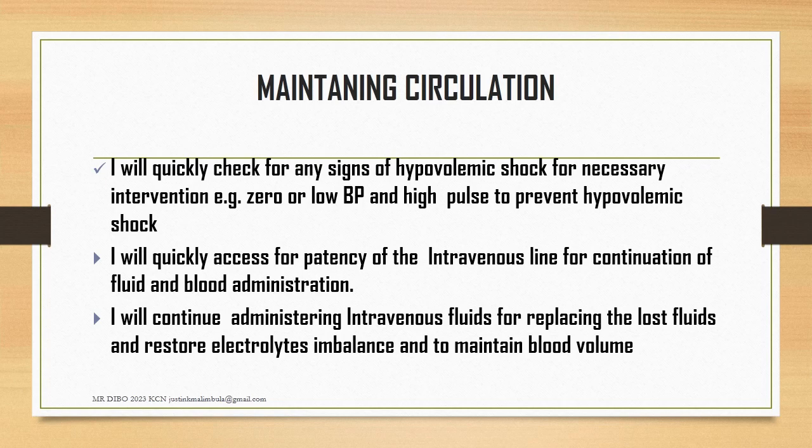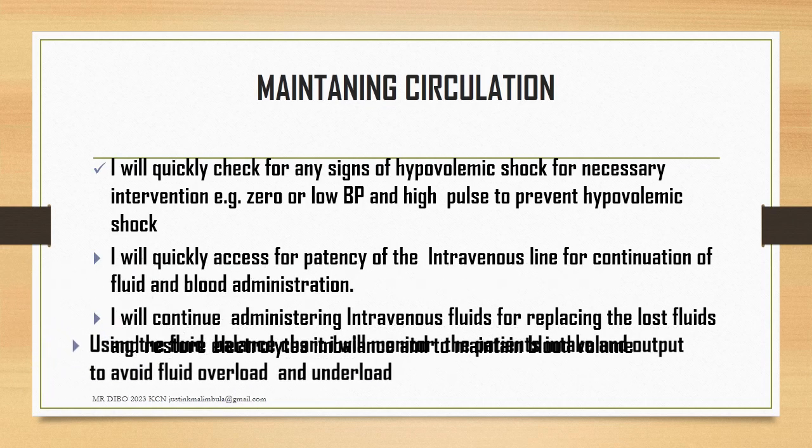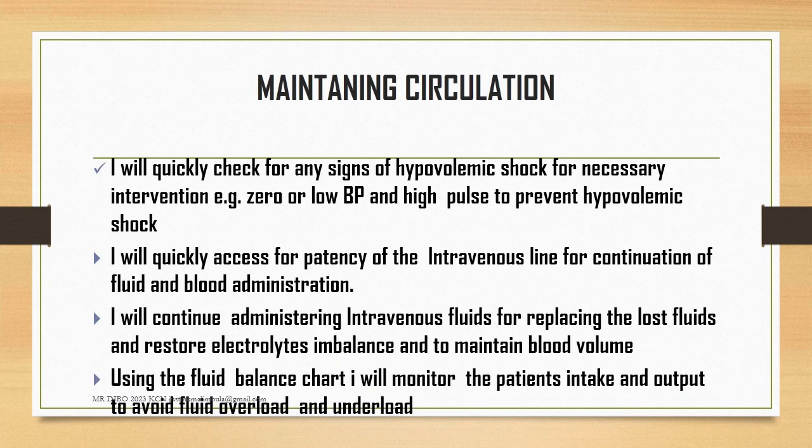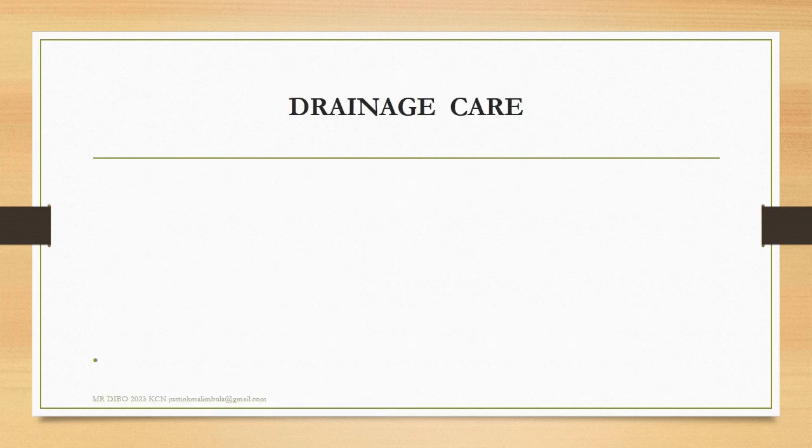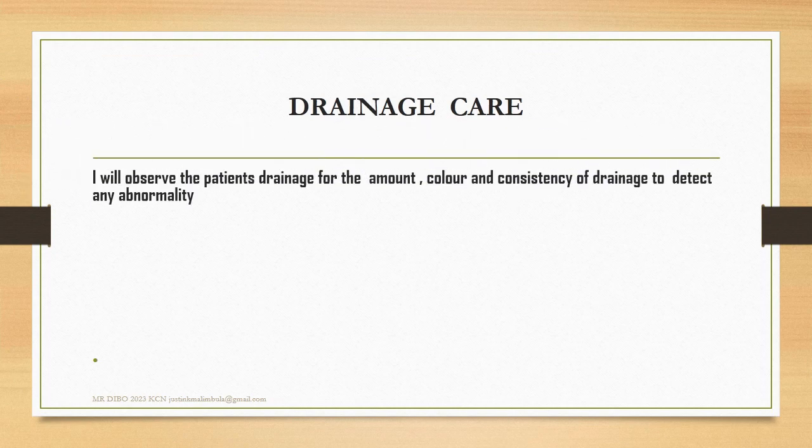And therefore, you are helping to maintain normal blood volume, which is very important in preventing hypovolemic shock or circulatory failure. Then from there, you need to use the fluid balance chart to monitor the patient's intake and output to avoid fluids overload or underload.